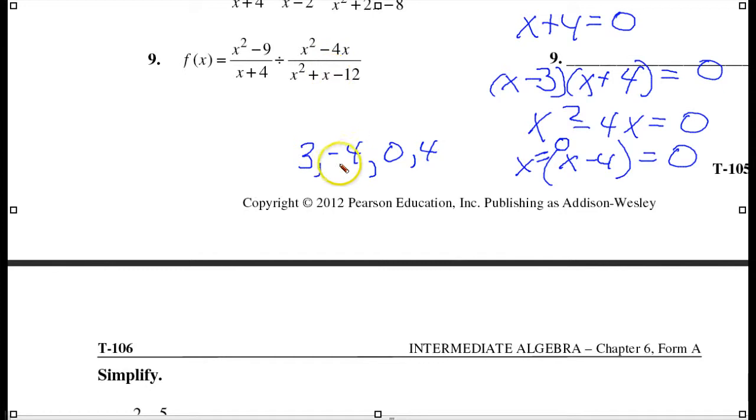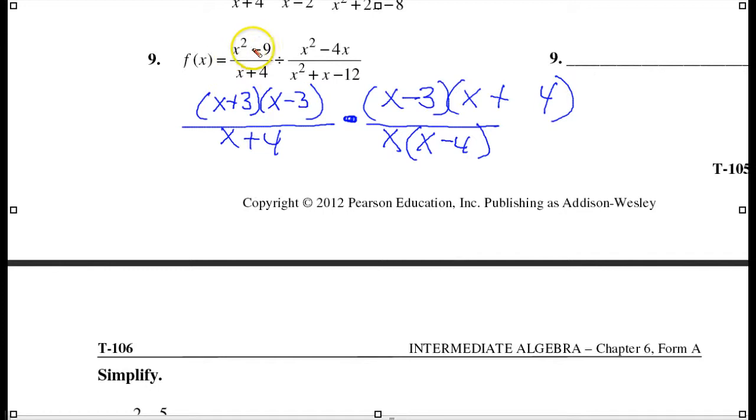Because in some instances it would make the denominator a 0. And that's how you do it. So you had to find this one, and this one, equal those to 0, and solve them. Now let's do the problem.